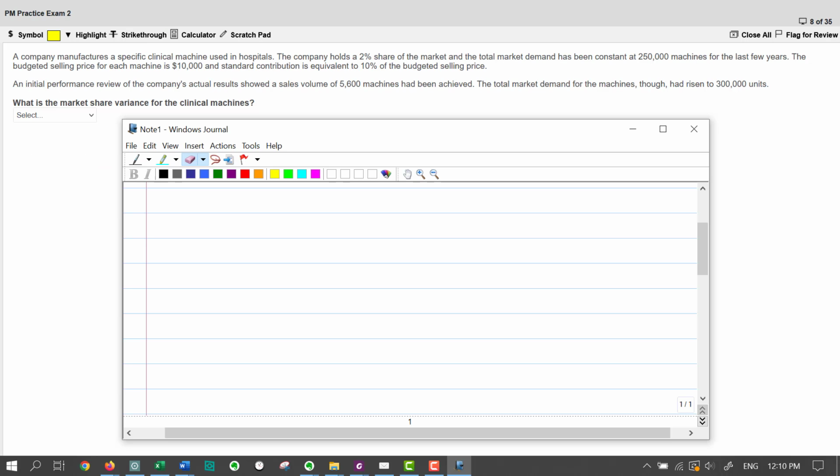Let's review that sales volume variance. And to calculate that, we've got to find the budgeted contribution. And we compare that to the flexed contribution.